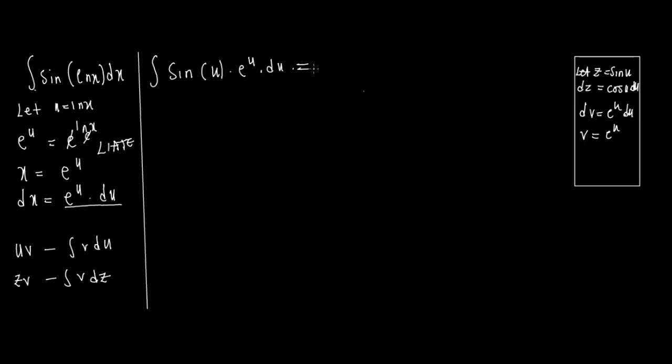So let's substitute into the formula. z is equal to sine u and v is equal to e to the u, minus the integral of v, which is e to the u, and dz, which is cosine of u du.